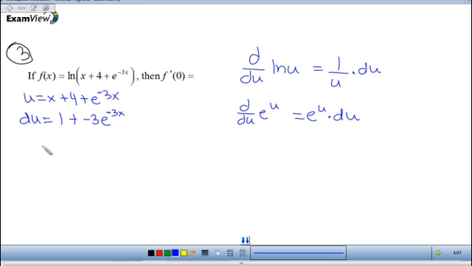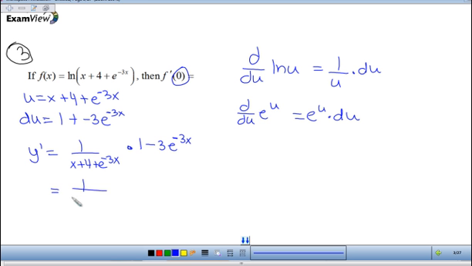So my derivative is going to be 1 over x plus 4 plus e to the negative 3x times du. So then we're going to substitute 0.